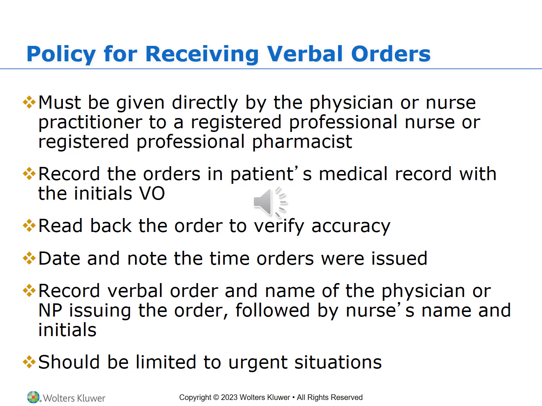The person receiving the verbal order should read it back to the person giving the verbal order to verify accuracy. The date and time in which the order was issued must be documented. Record the verbal order, the name of the physician or nurse practitioner issuing the verbal order, followed by the nurse's name and initials. And should be limited to urgent situations only.